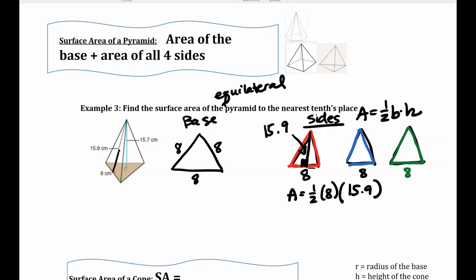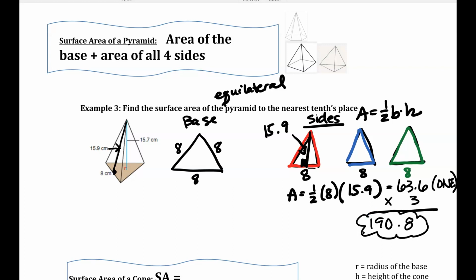But if you look at this line right here and this right angle, that's that 15.9. So when we multiply that all together, we get 63.6, but this is for one triangle, and we don't want 1, we want 3. So I'm going to say times 3 is 190.8. So that's the area of all 3 sides.